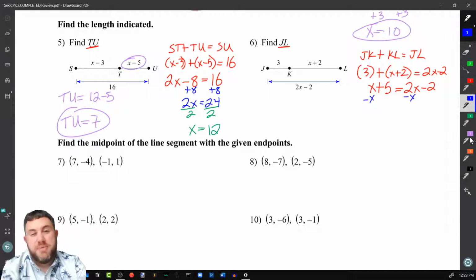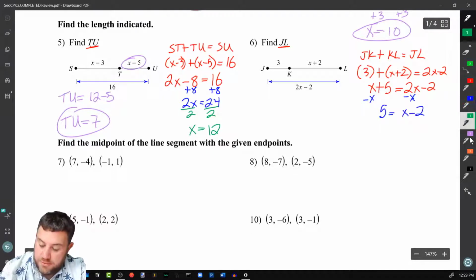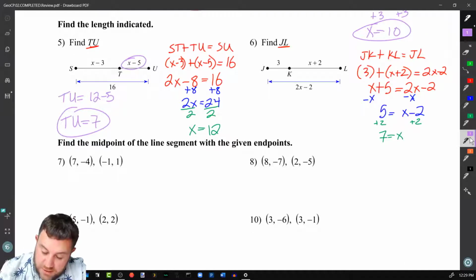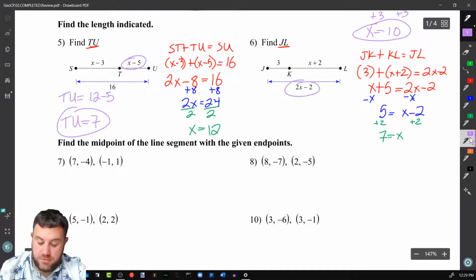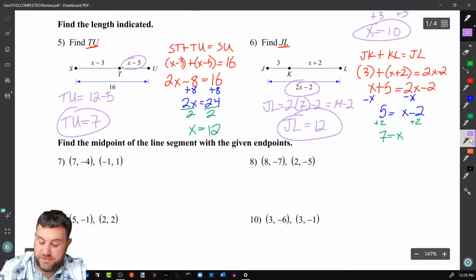This also keeps me from having a negative in front of them. So that gives us 5 equals X minus 2. We'll add 2 to both sides, so we get 7 equals X. And we're trying to find JL. That's the whole thing. So JL equals 2 times 7 minus 2. That'll be 14 minus 2, so JL equals 12.